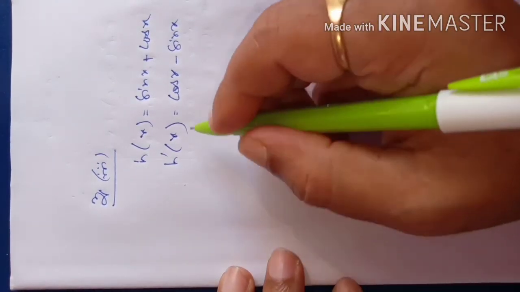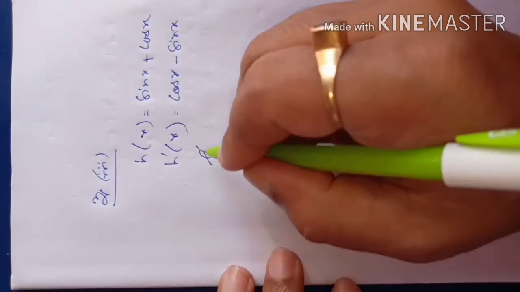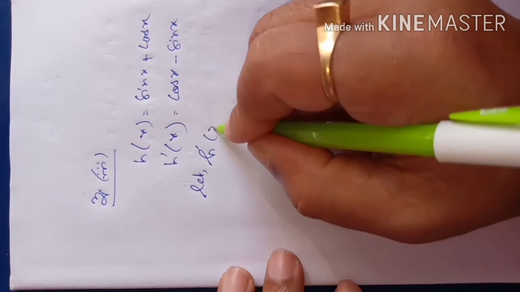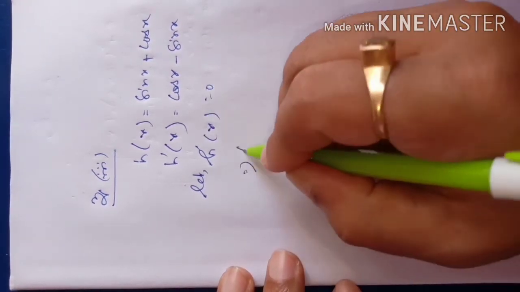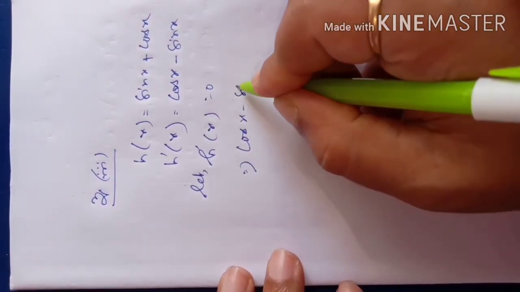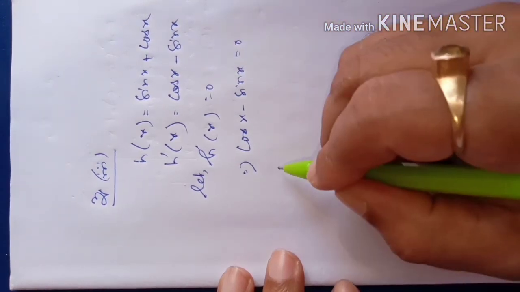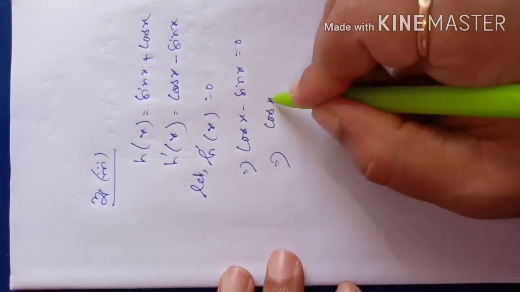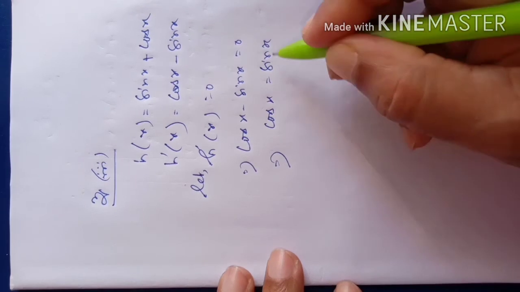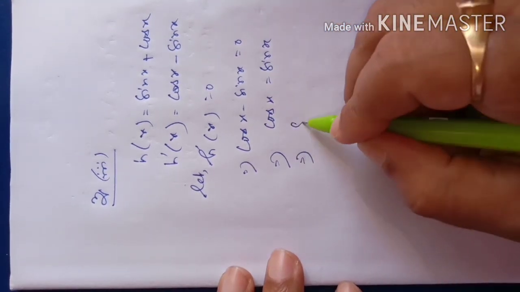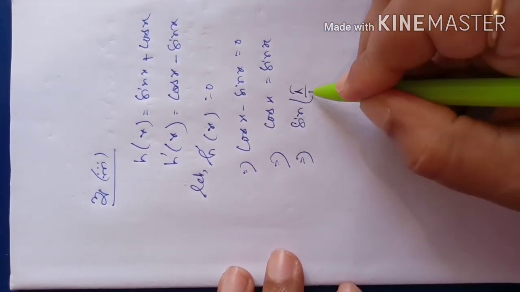Let h dash x be equal to 0. That means cos x minus sin x is equal to 0. So from here we can say cos x equals sin x, and we can also write cos x as sin of pi by 2 minus x.